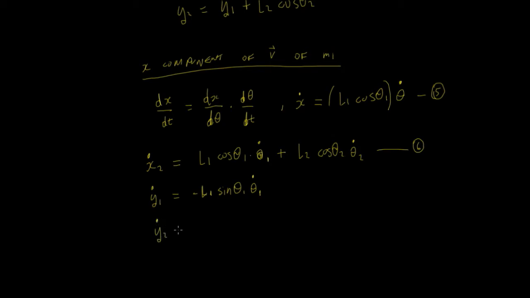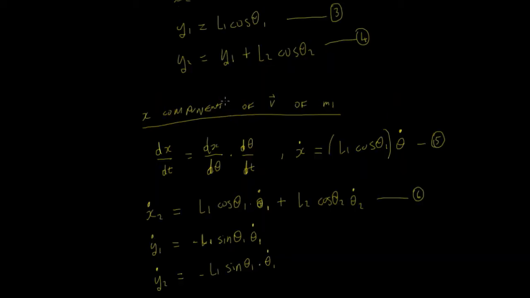We can also write that y2 dot is going to equal minus L1 sine theta 1 times theta 1 dot, and we're going to differentiate the other part of this, L2 cos theta 2.